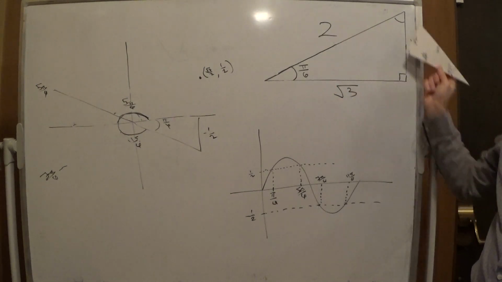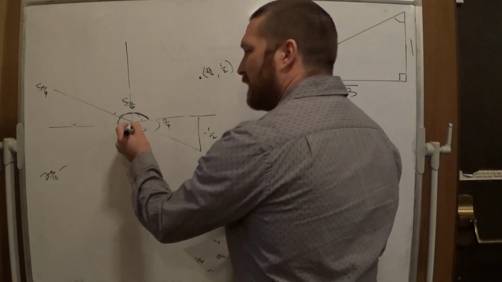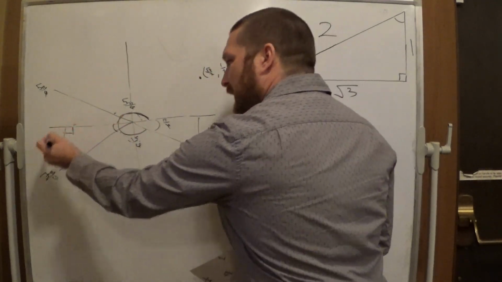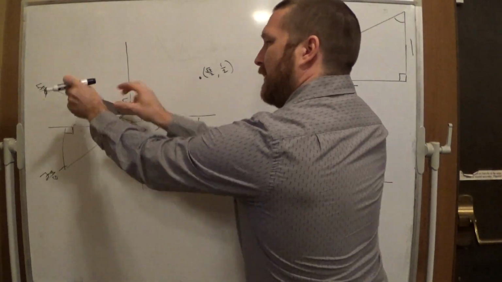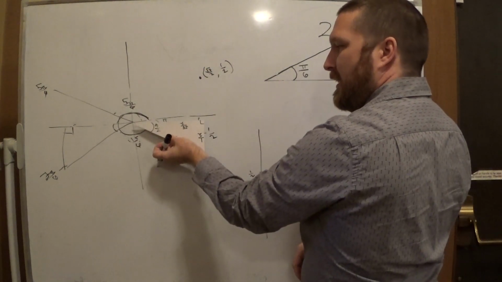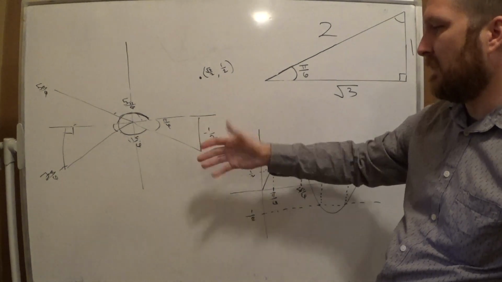Just having this right here is going to make your life so much easier, because we're always talking about reference angles as being the triangle you make if you put the right angle there. So it's like that, or like that. And then all you have to do at the very end is ask yourself whether that is positive or negative.